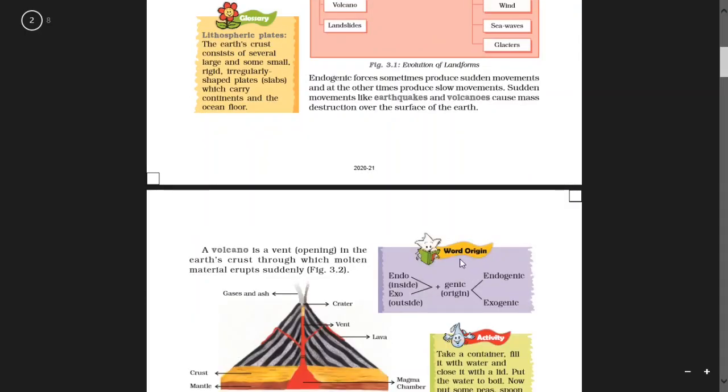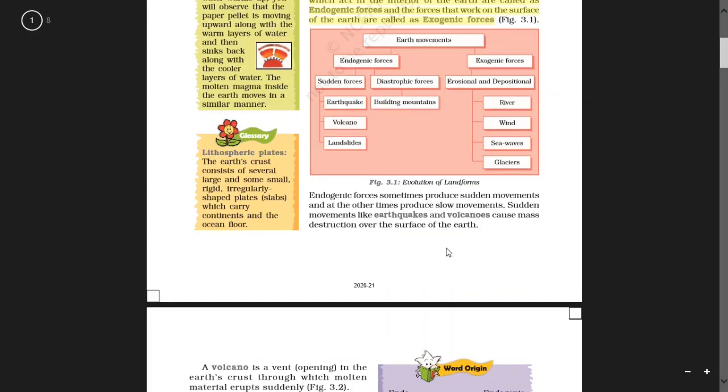Can you see the lithospheric plates given on the left margin of this page? The Earth's crust consists of several large and some small rigid, irregularly shaped plate slabs which carry continents and the ocean floor.